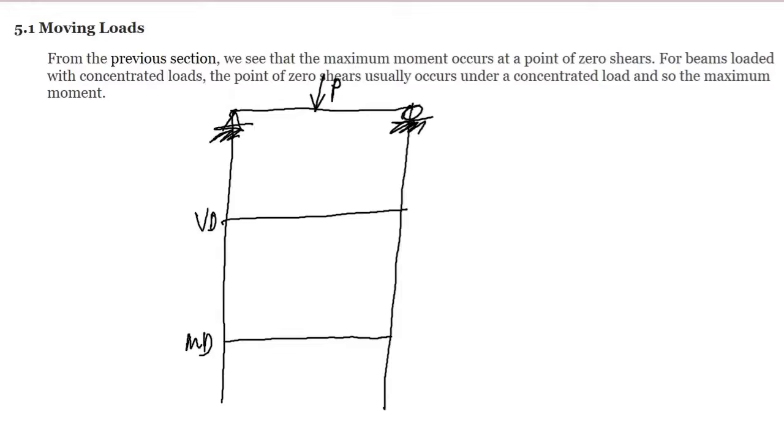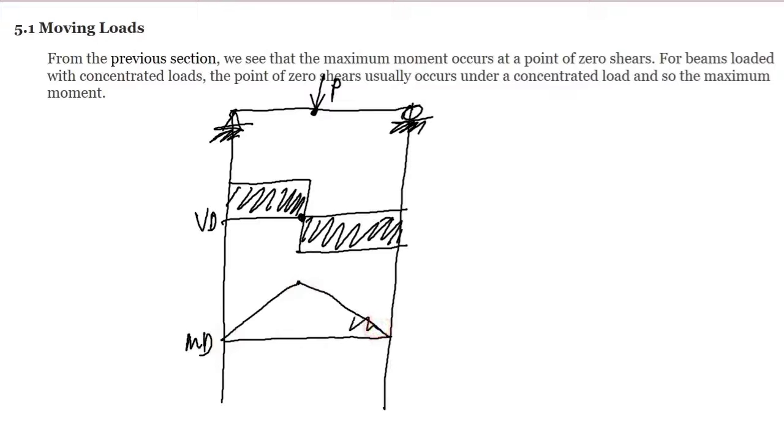if you have the beam with the concentrated load, the location of the concentrated load is the location of the zero shear, and of course that is also the location of the maximum moment.